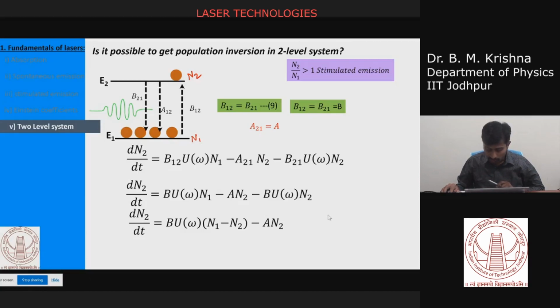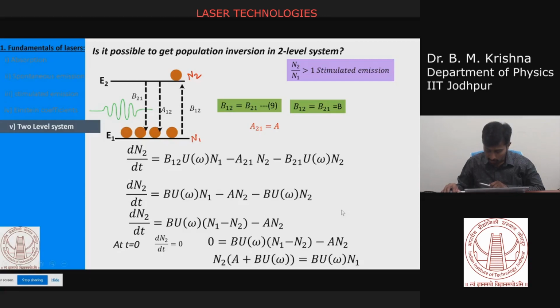So now at time t equals 0, or at thermal equilibrium, you can say dN2 by dt equals 0. From this you can calculate your N2, the number of atoms in the excited state. So I am taking out N2, so (A plus B u of omega) N2 equals B u of omega N1.